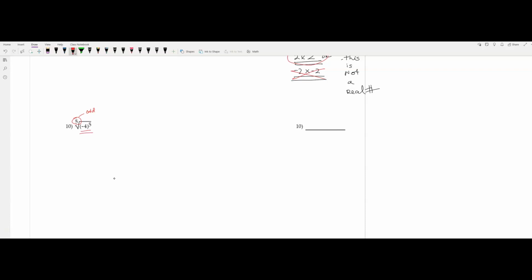One or the other. It doesn't really matter. So this is really negative 4 to the power of 5 over 5, right? And this is just negative 4. That's it. I don't have to put an absolute value or anything like that because the answer could be equal to negative 4.